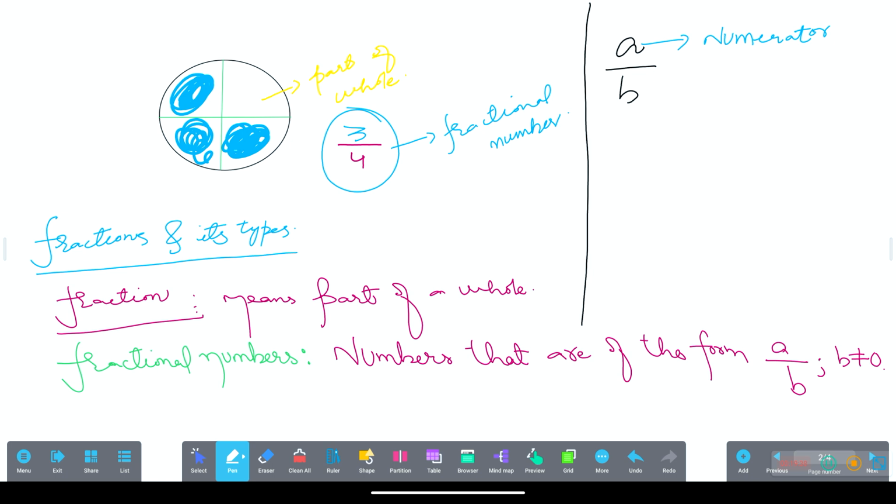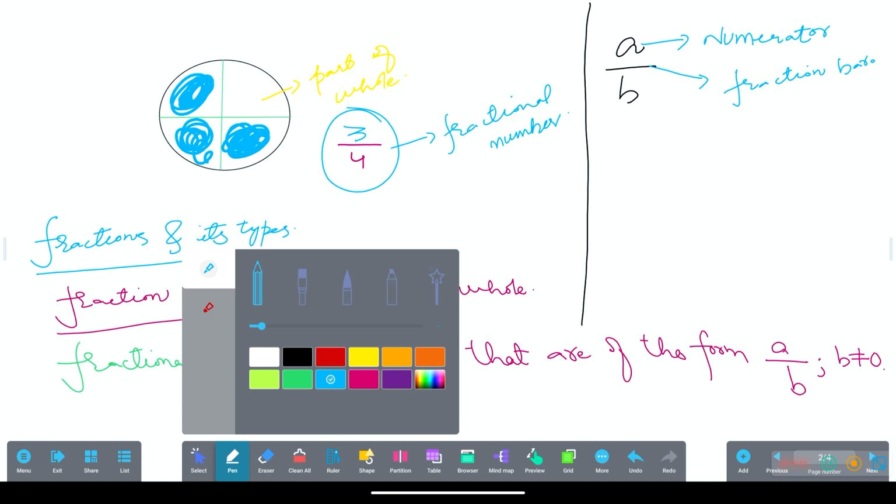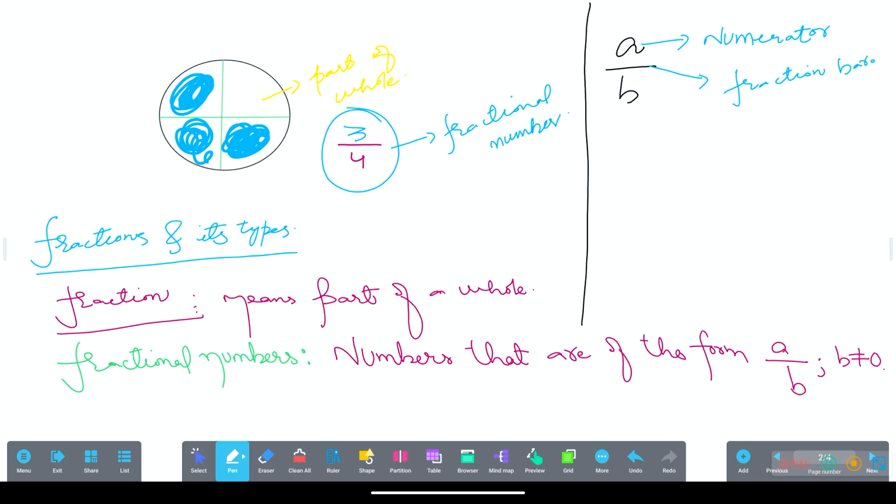This line is called the fraction bar. And here, this B is called the denominator.